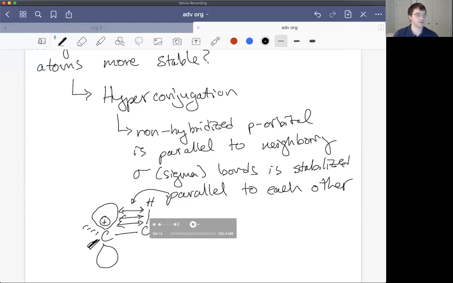It's like its electron cloud reaches over and tells the vacant p orbital, hey, everything's all right. You may not have electrons, but I have electrons. And that's enough for that positive charge to be stabilized, much more so than if it were on a carbon with three hydrogens, where there is not the opportunity to form a neighboring sigma bond. Now note, it's not the sigma bond connecting the carbon to things. That's not this sigma bond.